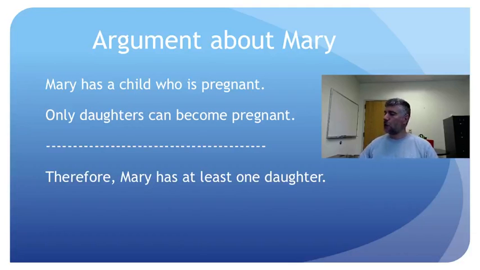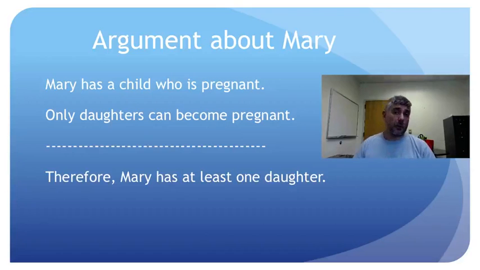Well, let's begin by asking, what are the categories that this argument brings into relation with each other? Is Mary one of the categories? Well, no, because Mary's not a category. Mary's an object. Mary's a thing. She's a particular thing. She's not a category.